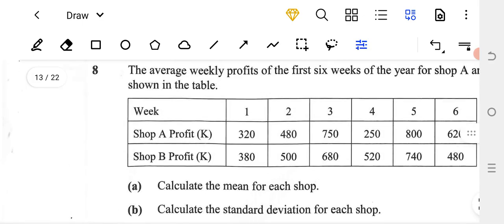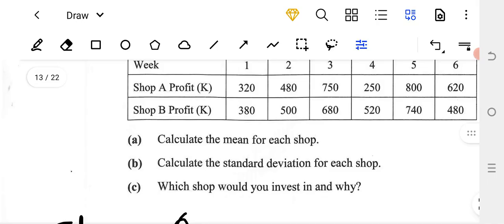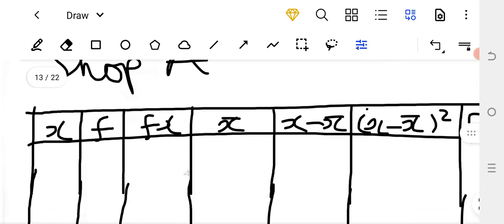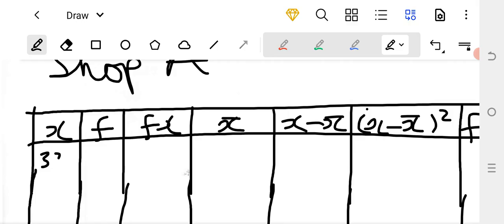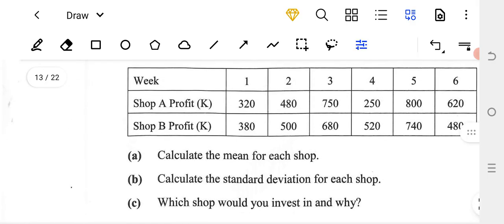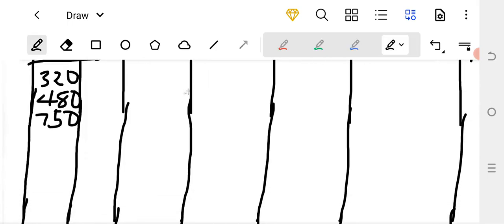So for your x, you're going to have shop A, week 1, 320, 480, 750, and then 250, 800, 620.